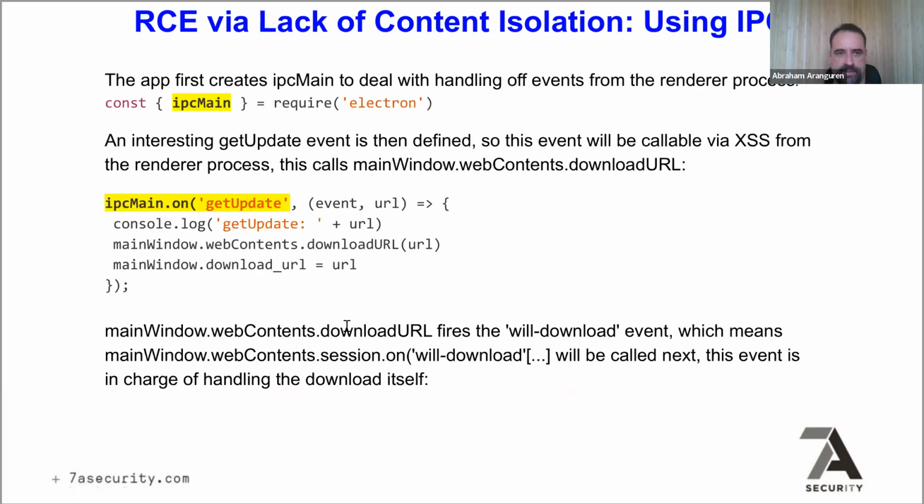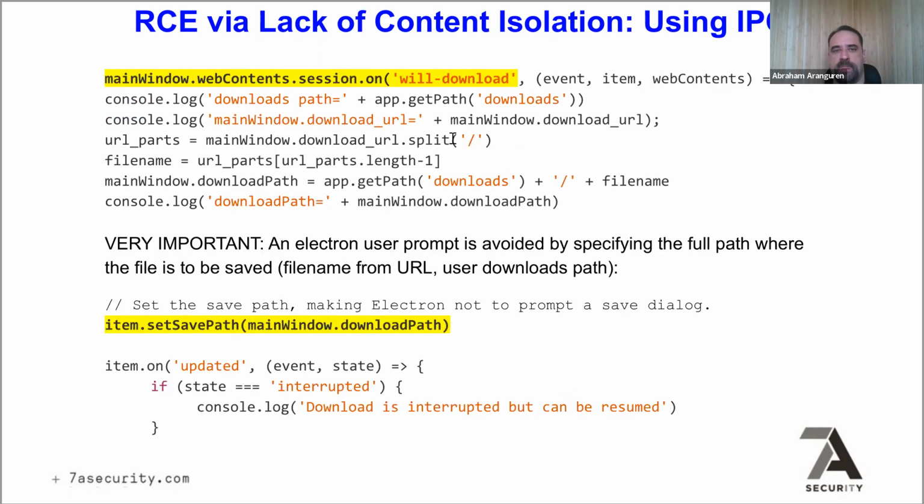So I'll just jump to where this is more explained, like the vulnerability itself, right? So first, there's this IPC main, it waits for an update, it expects the URL, then the will download event will be triggered, then the file will be saved in the download path of the operating system.